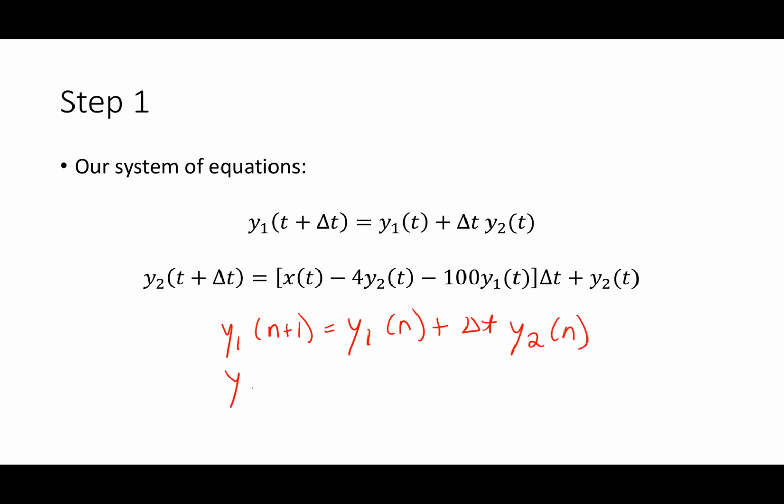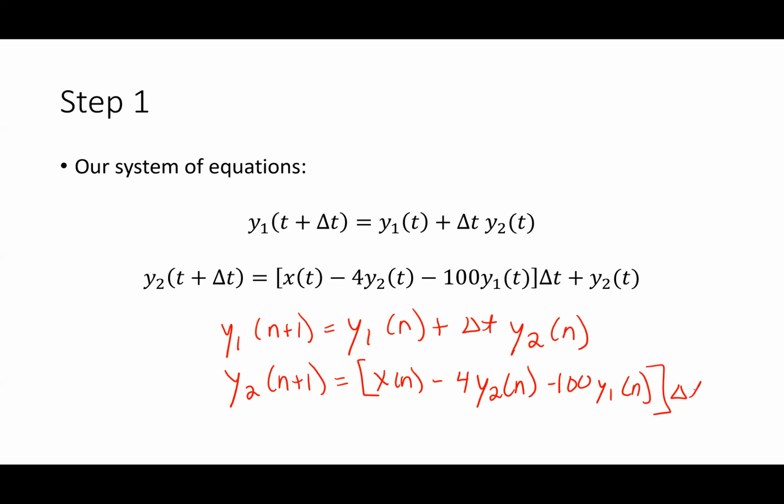And I have y2 of n plus 1 equals, in this case, x of n minus 4 y2 of n minus 100 y1 of n, all times delta t plus y2 of n.